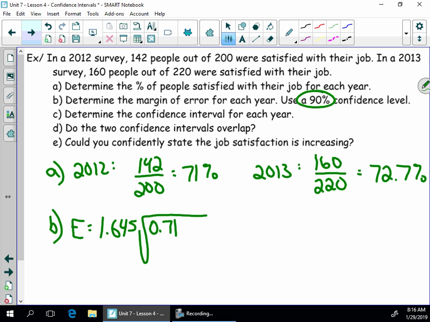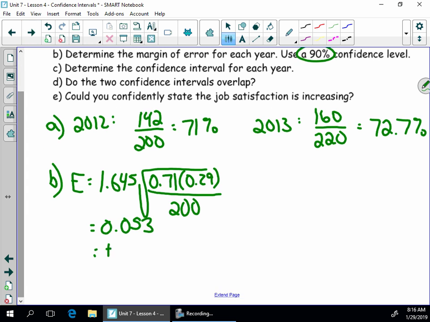So 1 minus P, which is Q, 0.29, and we talked to 200 people. So my margin of error, how accurate those results really were, would be 0.053. Or think of this as plus or minus 5.3%. They're accurate to within that range. Do the same thing in 2013. Okay, same number for Z.